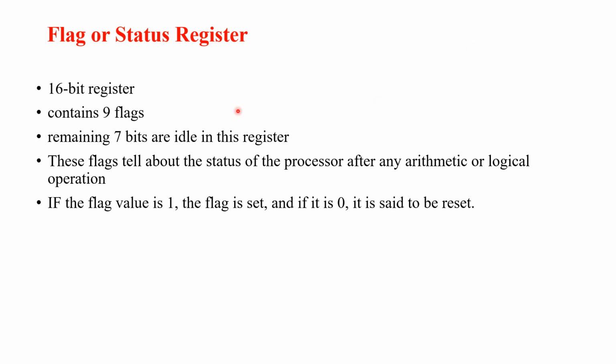It contains 9 flag bits, with 7 of them being status flags and 2 being control flags. These flags tell about the status of the processor after any arithmetical or logical operation is performed.